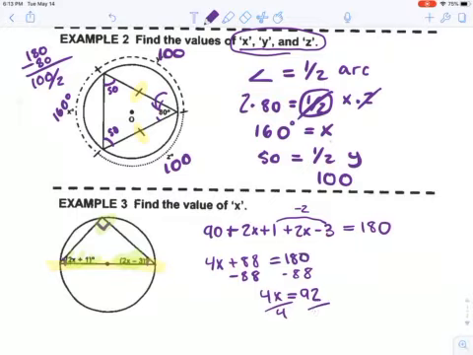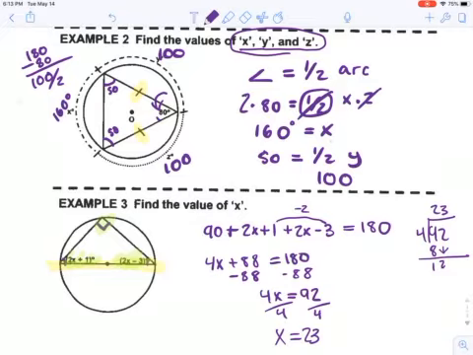Last step, we divide by 4. 92 divided by 4 is 23. X equals 23.